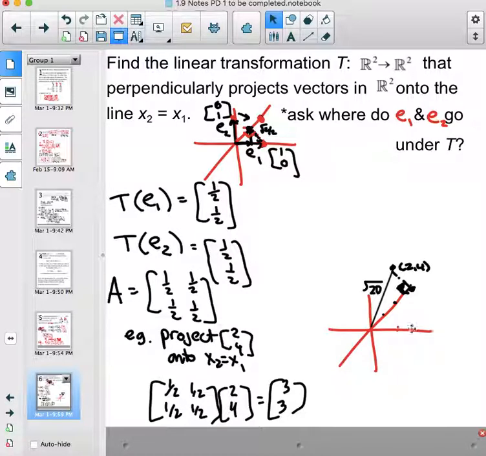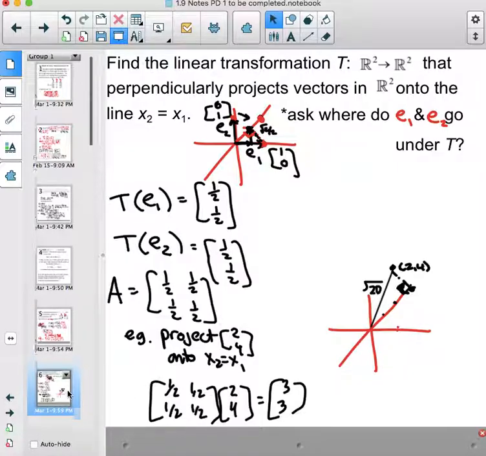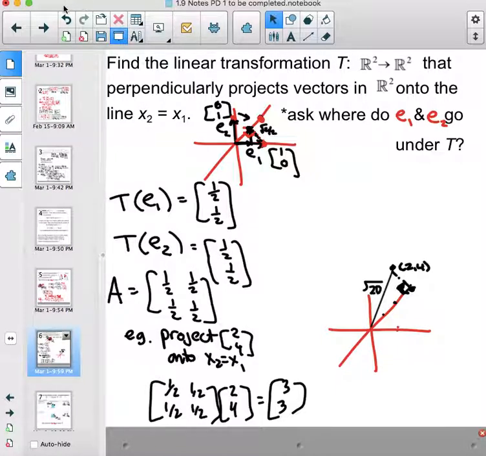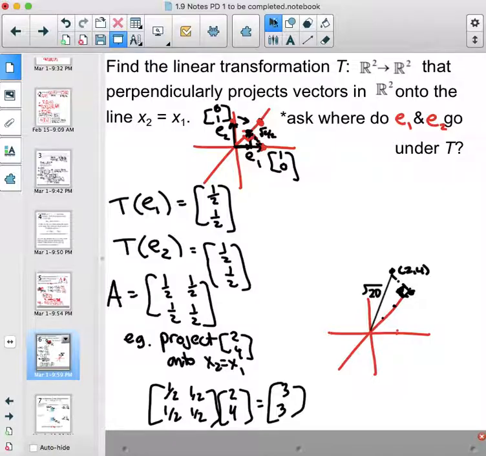And that makes sense, over 3, up 3. This length would be 3 root 2, and 3 root 2 squared is 18, and then this length from 3, 3 to 2, 4 is just root 2. So that squared is 2, 18 and 2 is 20, and that's that. I'm going to stop here and maybe do 3 videos. Okay.